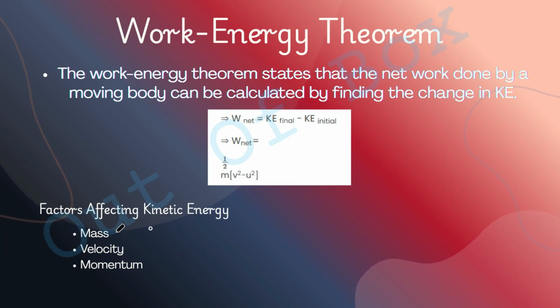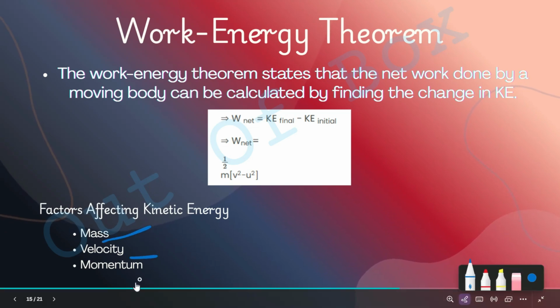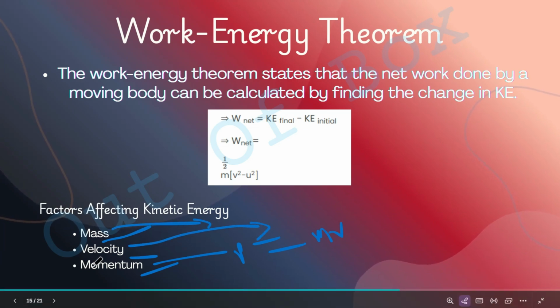There are some factors affecting kinetic energy like mass, velocity, and momentum, and you know that momentum p equals mv. So here you can clearly see that it is m and v.